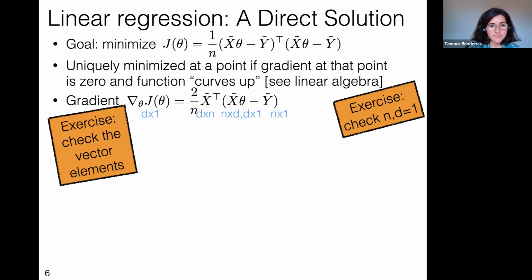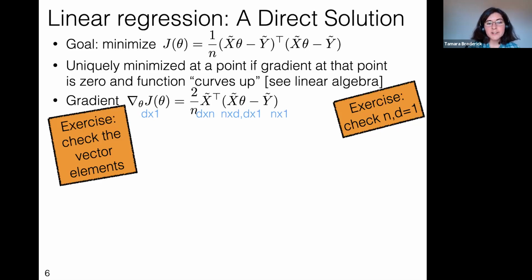So x tilde transpose is d by n, because it's just the transpose of x tilde. So we take a d by n matrix times an n by 1 vector. Those n's agree, so these are two things we can multiply. The outer values are d by 1, and so we get exactly a d by 1 vector out. And so that looks good, that looks appropriate. That's a nice little check that this looks okay.